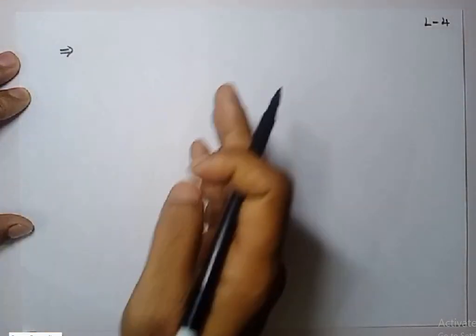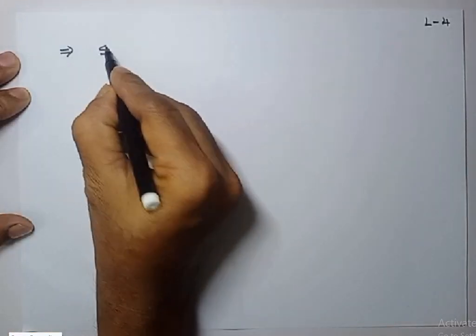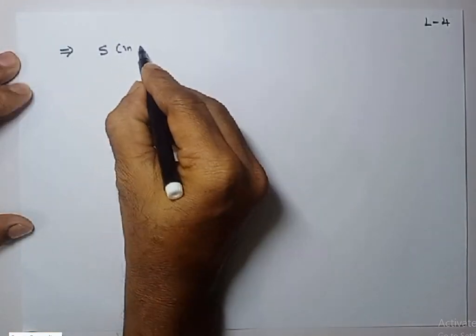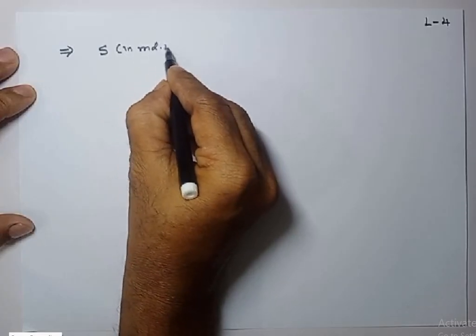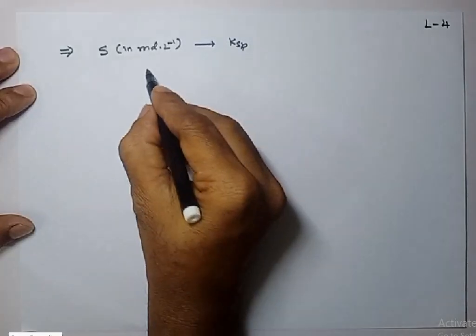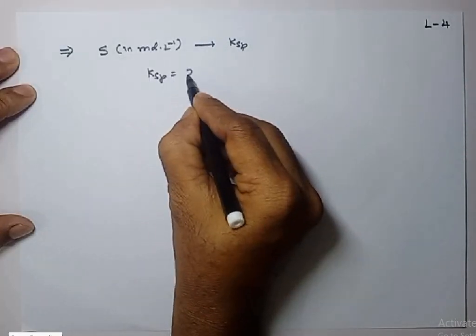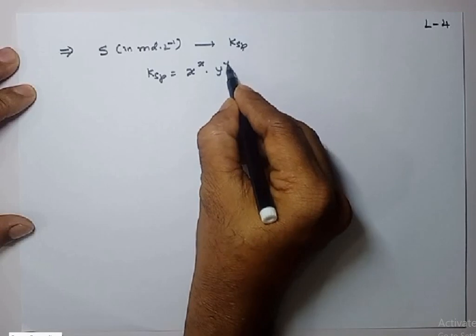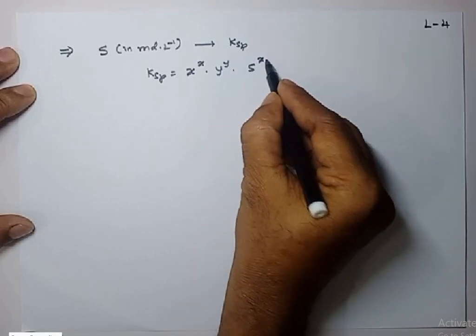Okay, so in this lecture, I'll show you one more problem for finding a solubility product from solubility. What we had discussed in the last lecture is that if solubility is given in molarity, in mole per liter, yes, we can find solubility product directly by using the formula Ksp equal to x to the power x, y to the power y, and s to the power x plus y.